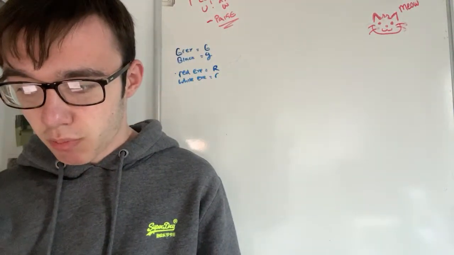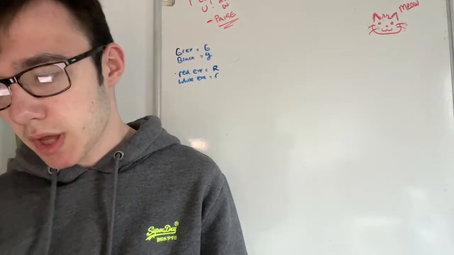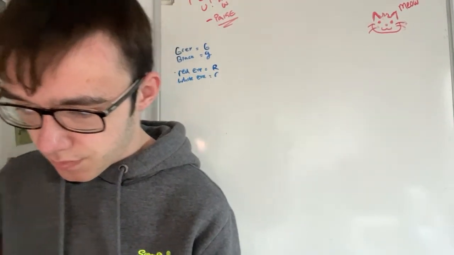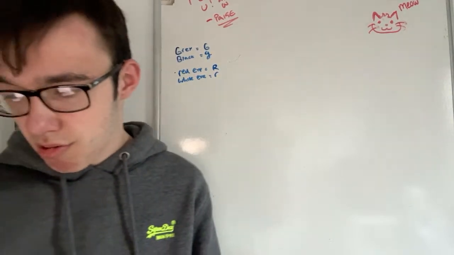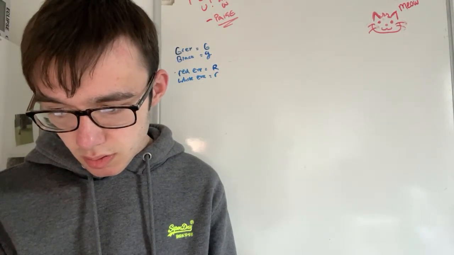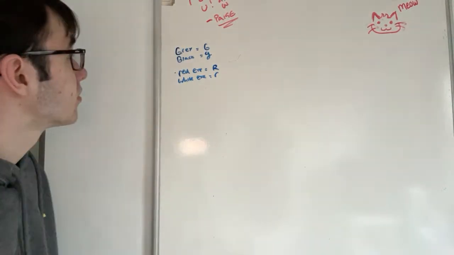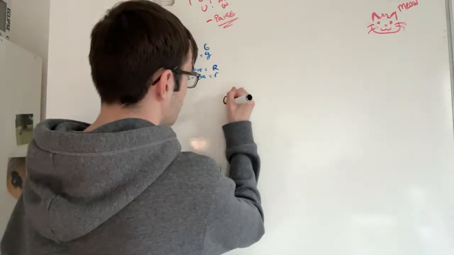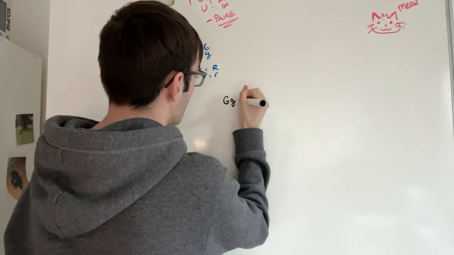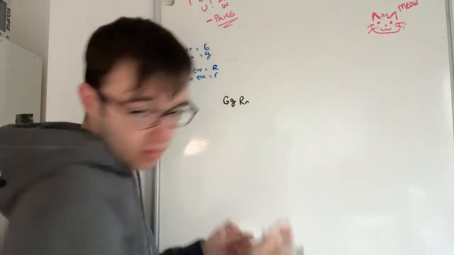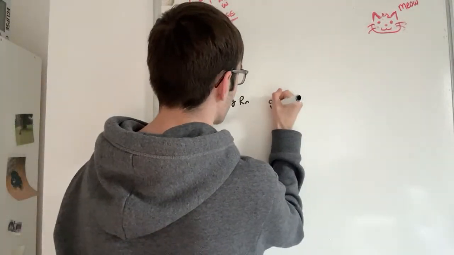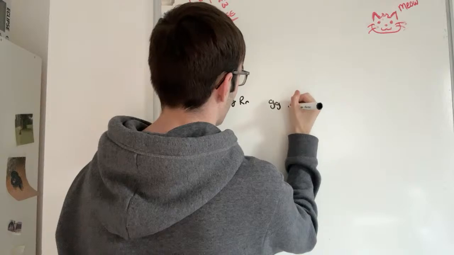Heterozygous, grey-bodied, white-eyed female fly was crossed with a black-bodied, red-eyed male fly. So, heterozygous grey-bodied, so that's going to be G, crossed with a black-bodied, red eye, white eye.